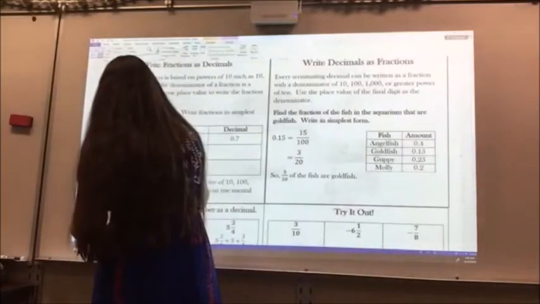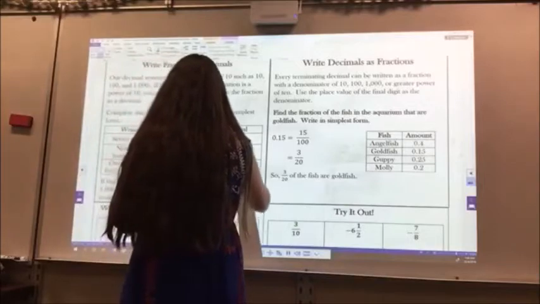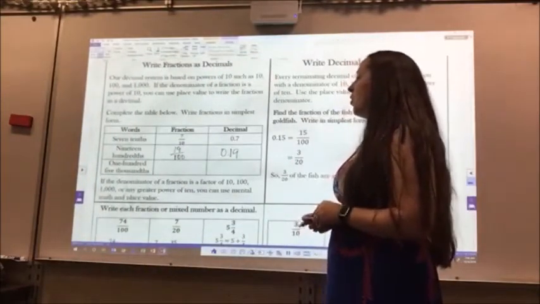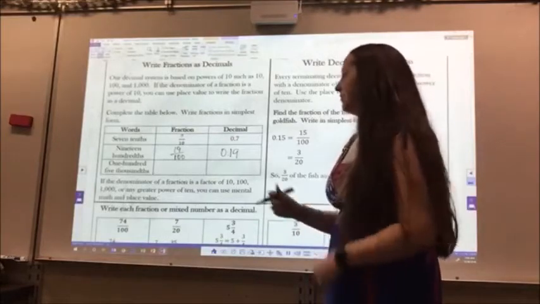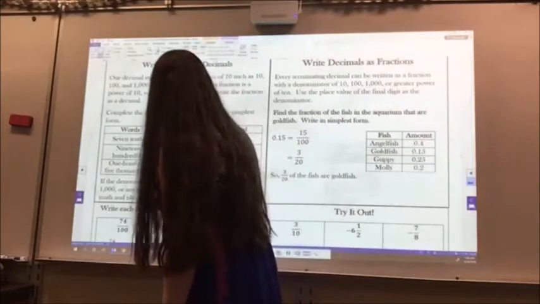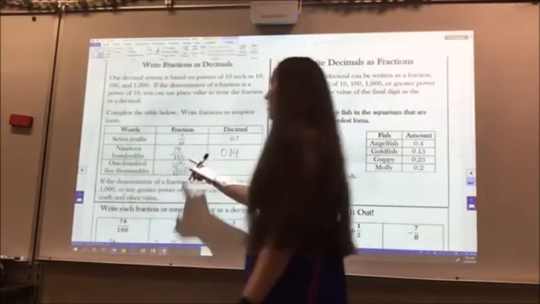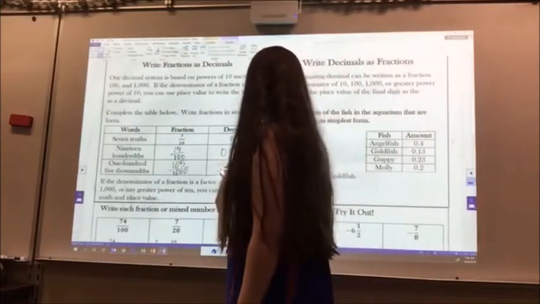So this is 19 over 100, which is 0.19. 105 thousandths. So 105 over 1,000, which is 0.105.